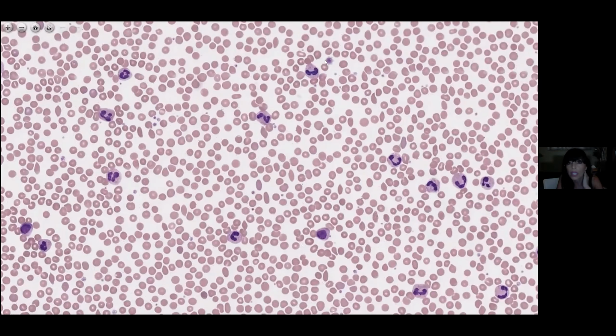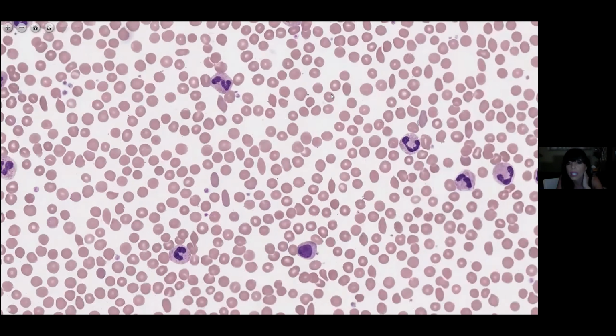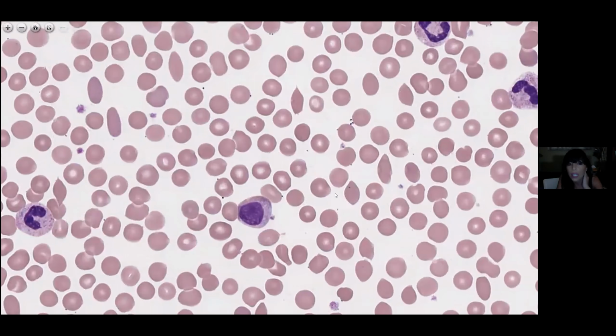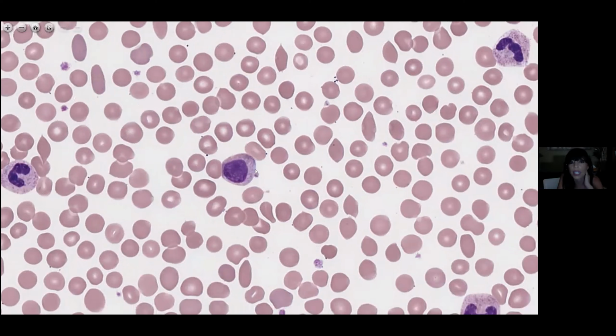Here's a larger platelet up here. That's about the same size as the RBCs. This cell right here is probably a myelocyte. It's got a nice round nucleus. It's not indented.